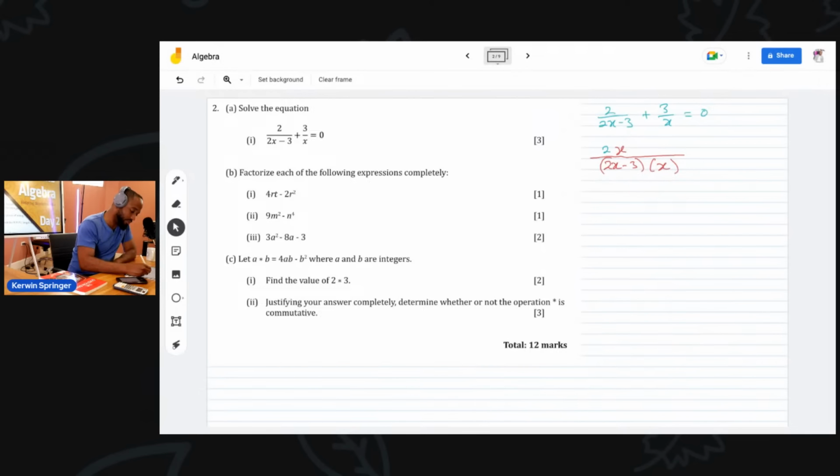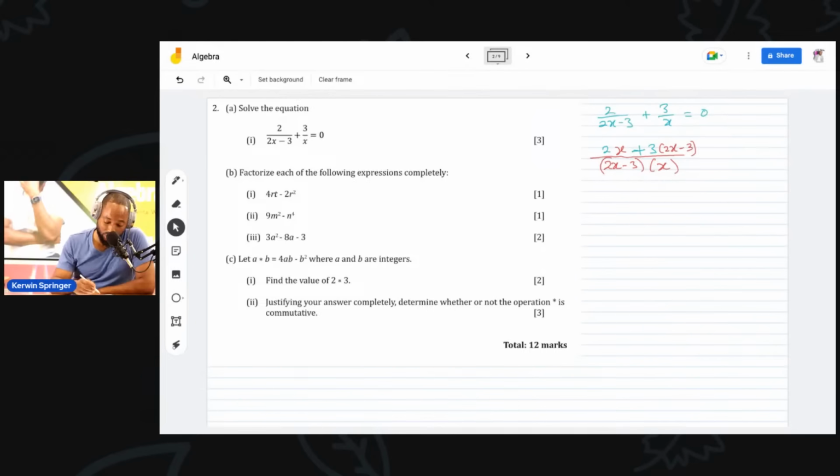And then similarly, you should end up with 3 by 2x minus 3. So say in the chat if you understand that flow. That is very likely what's going to show up in your exam. You're going to see something like that in your exam. One of these is going to be in your question too.